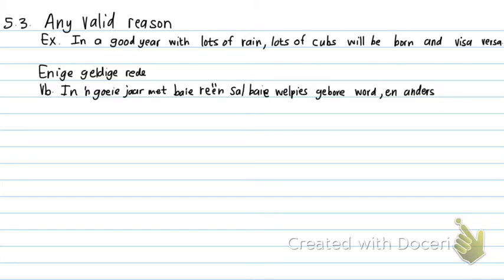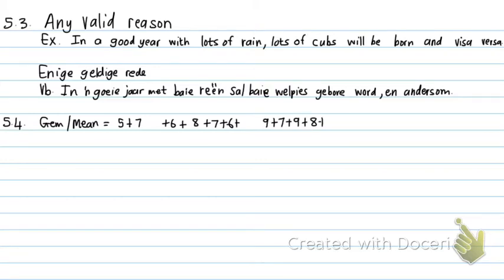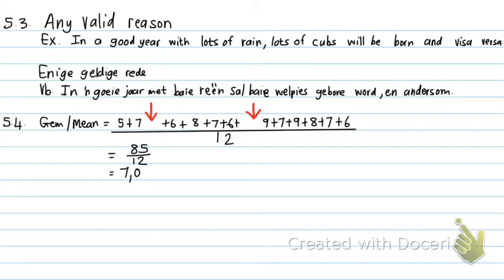Okay, then number 5.4. Remove the outliers. What effect does this have on the mean number of cubs born per year? So now I take out the outliers. I say the mean is 5 plus 7 plus 6 plus 8 plus 7 plus 6 plus 9 plus 7 plus 9 plus 8 plus 7 plus 6. So what I did was I removed the outliers right there at the red arrows.